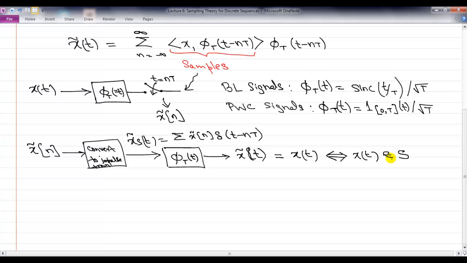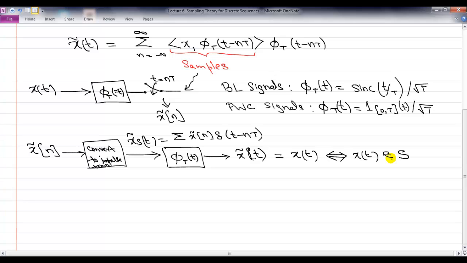So depending upon the class of signals you are working with, you will use different kinds of subspaces. That's about all that we are going to cover as far as continuous time sampling right now goes. We'll come back to it when we have to talk about multi-dimensional settings.